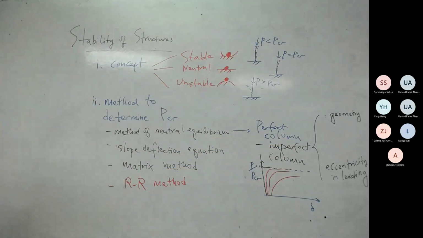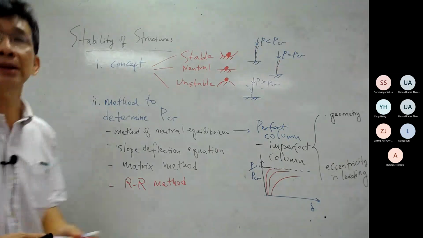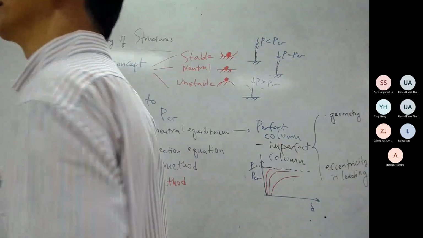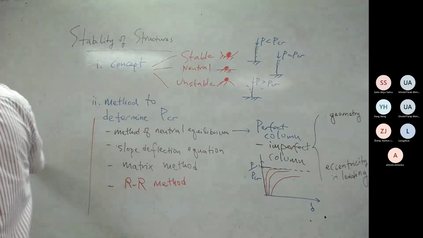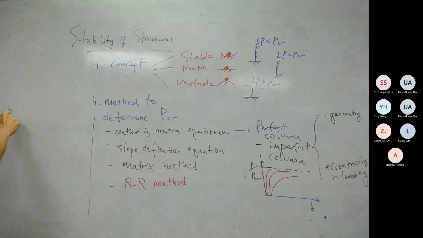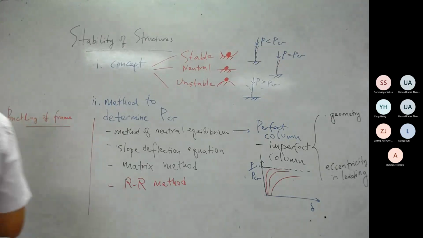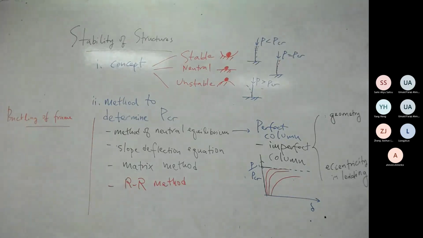And of course, finally, in the beginning part we talked mainly about column, and in the final part I touched also on buckling of frame. Buckling of frame, we covered not too much.